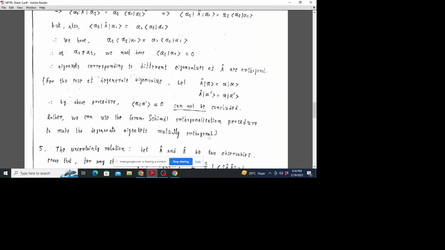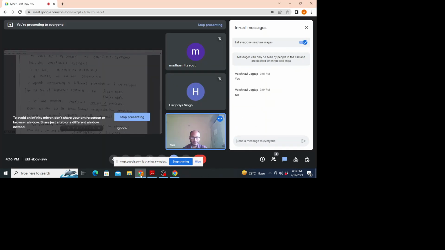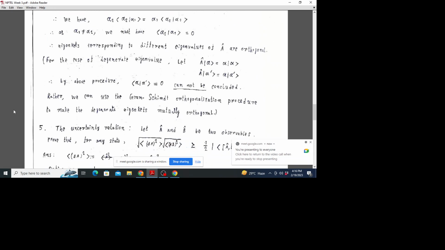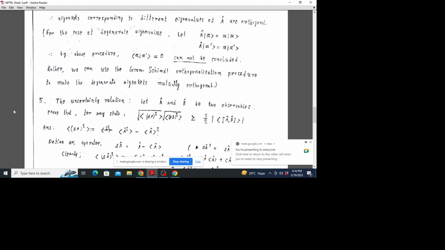So that is where this Gram-Schmidt orthogonalization procedure will play a significant role. You choose linearly independent eigenvectors, and then you use the Gram-Schmidt orthogonalization procedure to make them orthogonal. So that is that.